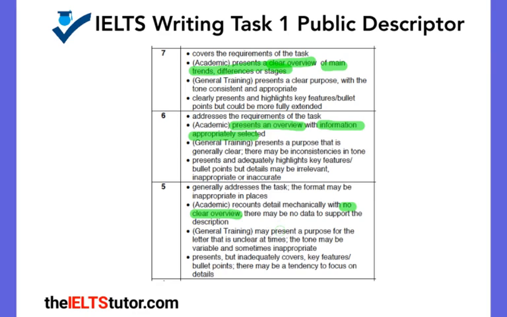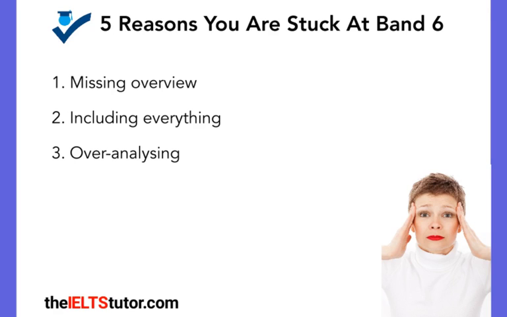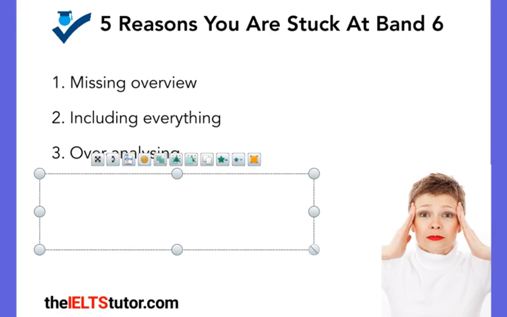However, a band 5 candidate talks about detail mechanically. Just randomly talk about details without any clear purpose. Or sometimes there may be no data or numbers at all to support what they say. So be very careful about putting too much information in, overcomplicating things, and just focus on general trends. Okay.